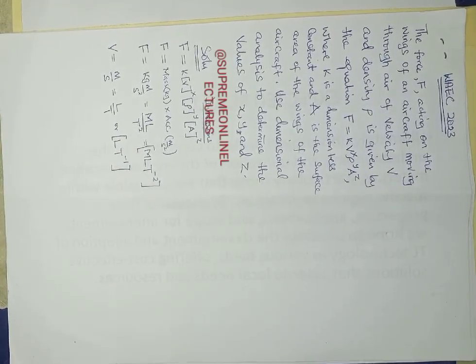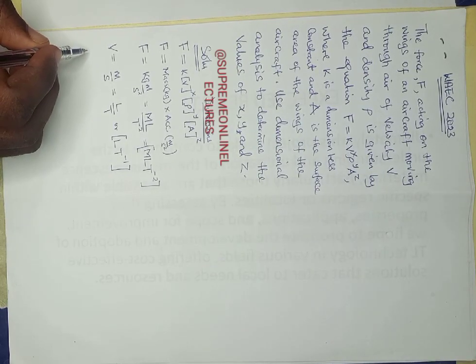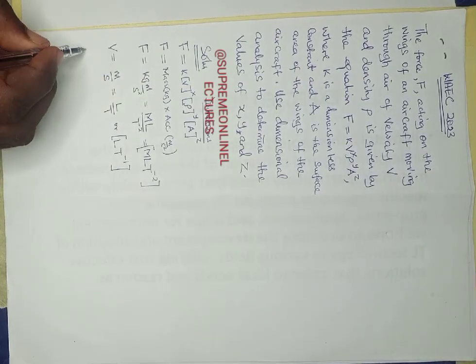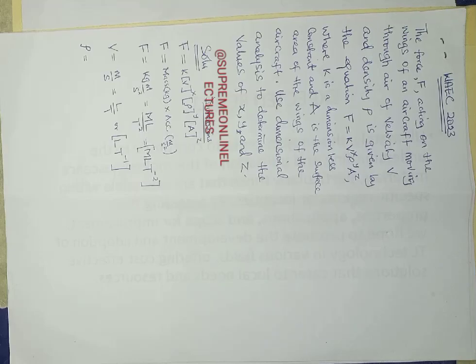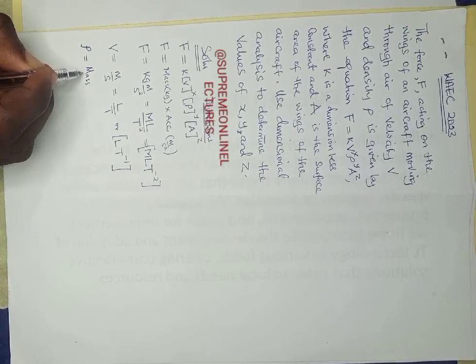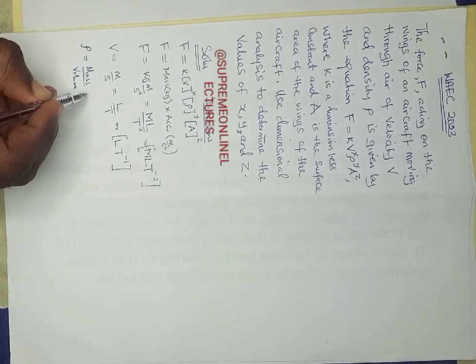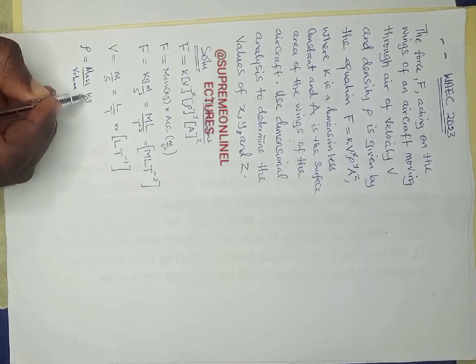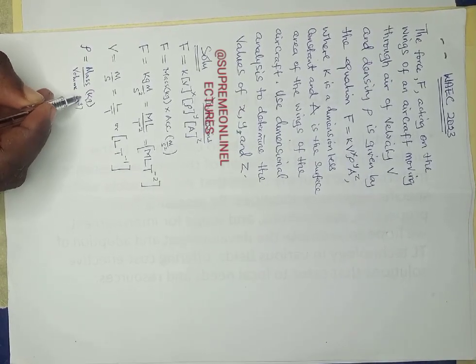Let's go to the next quantity, which is density. By definition, density is mass over volume. The unit of mass is kilogram, and the unit of volume is meters cubed.